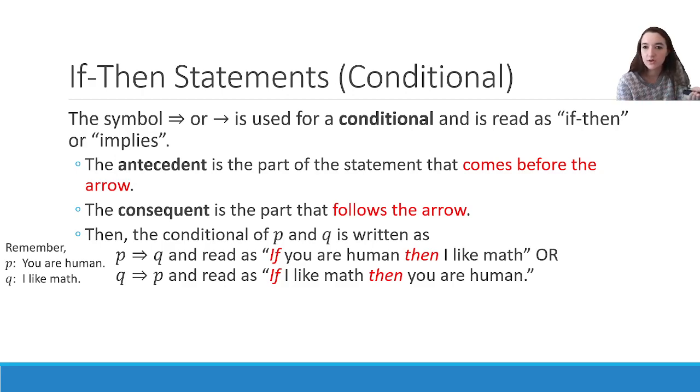If it's raining, then you get wet means you didn't have an umbrella, you went outside. But if you get wet, then it is raining. Well, what if instead you were just swimming? It doesn't have to have been raining, right? So that's generally just false. There's plenty of reasons why that could not be true. So the direction of this matters.